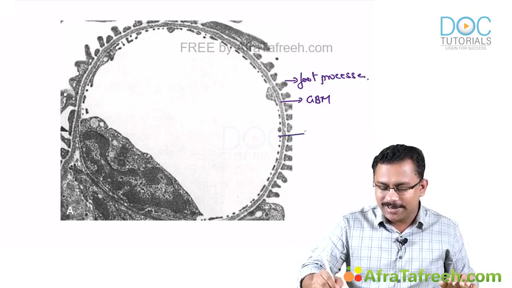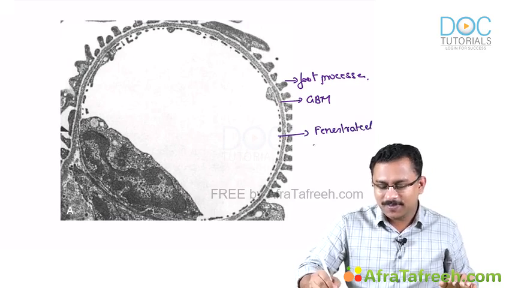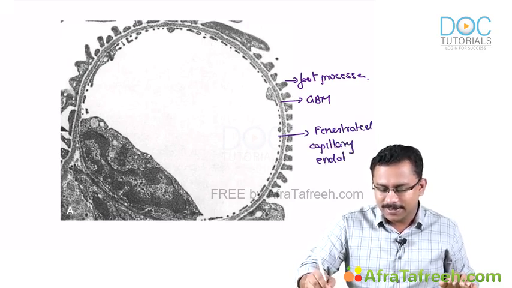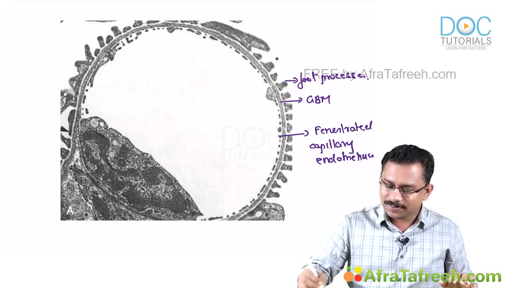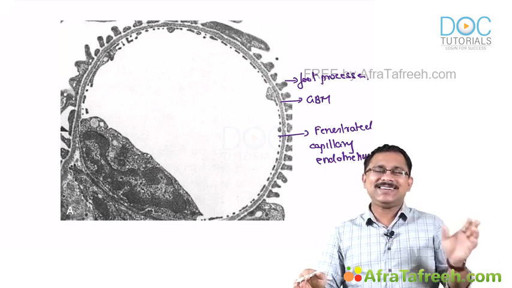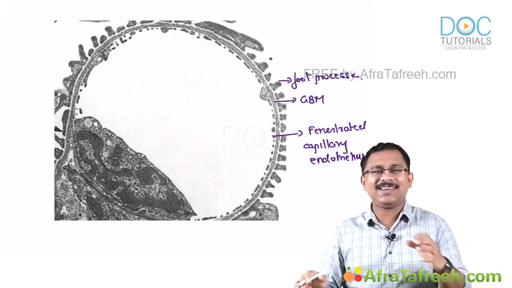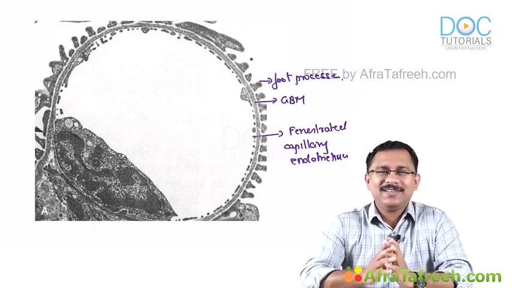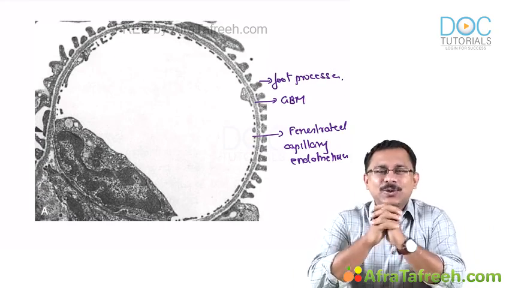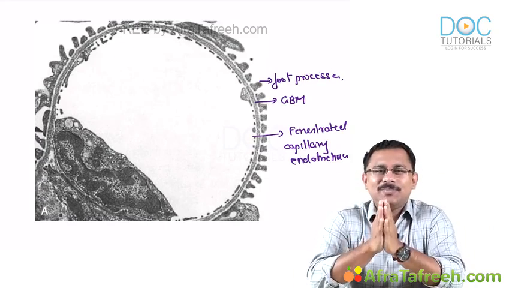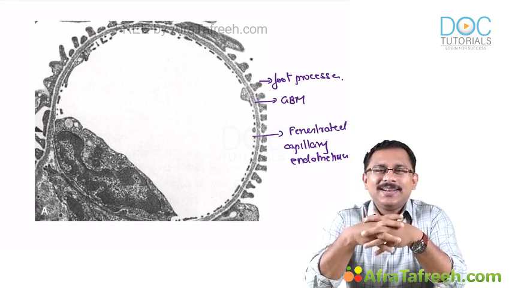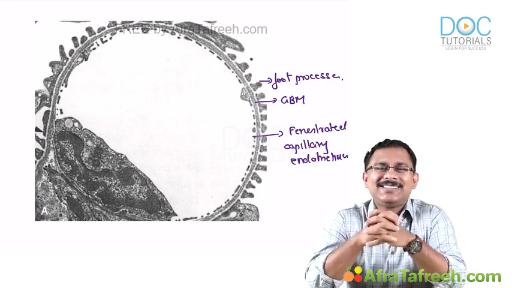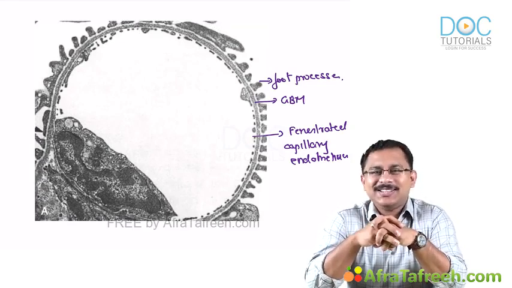You are able to identify the fenestrated capillary endothelium. So all this is very clear. This is it about the basic structure of the glomerulus, the filtration barrier. This knowledge is very important, because as we move forward, let's try to conceptually understand the various glomerular disorders.